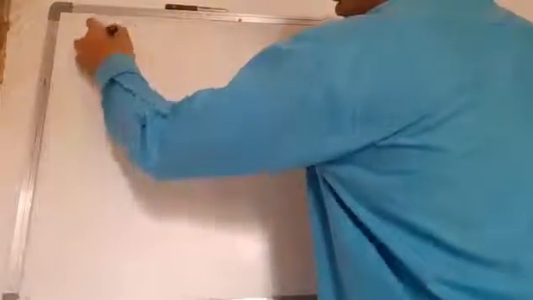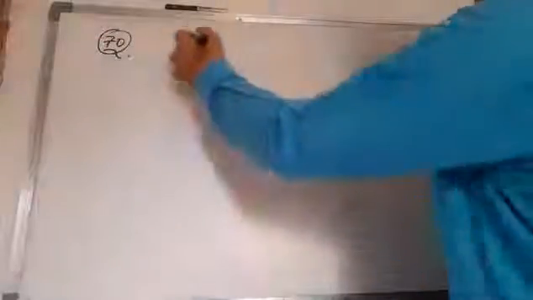So next we have the 70th question. What he is asking in this question is, there are 40 electric bulbs.